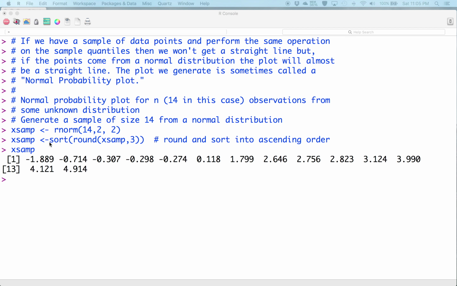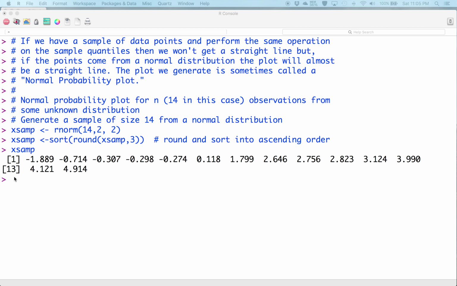I'm going to sort them because our normal probability plot should always go from the lowest value to the highest value. And I'm going to round it so it looks a little better. So here are the quantiles for this particular normal distribution. Well, actually, it's the random numbers that I'm generating, 14 of them.